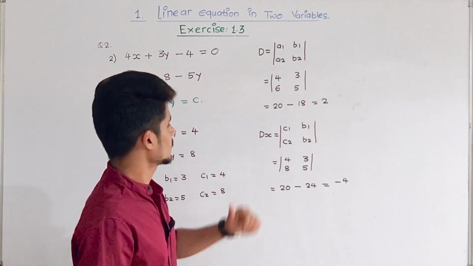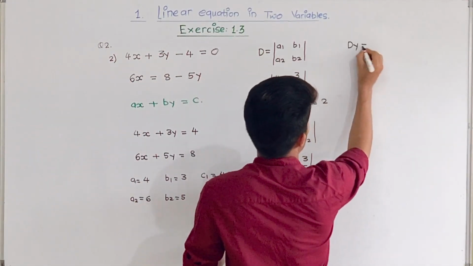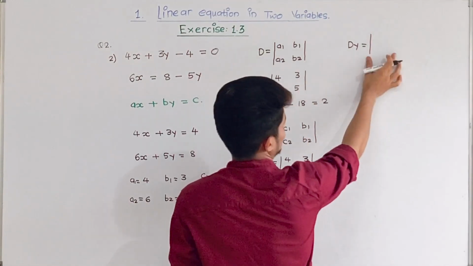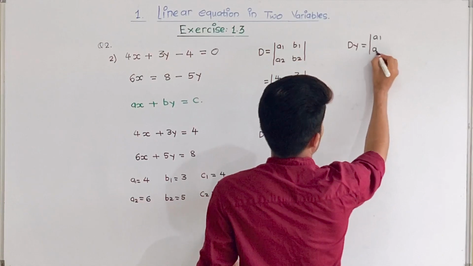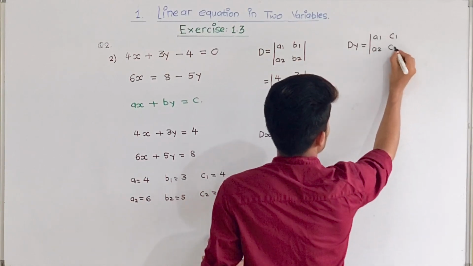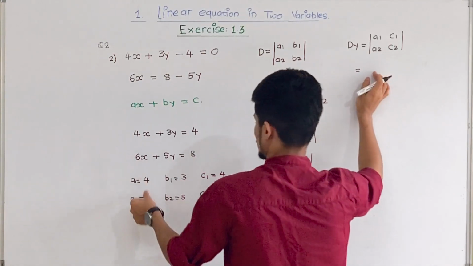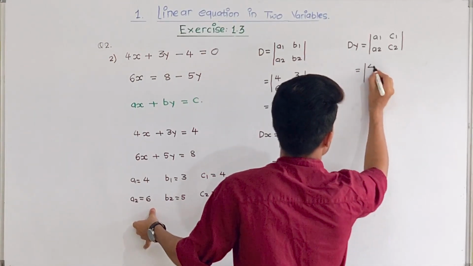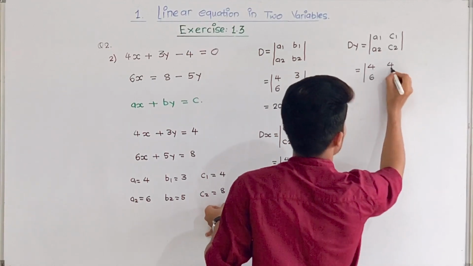Now we'll find the dy, that is determinant of y. So the values will be in the form of a1, a2, c1, c2. Substitute the value of a1, a2, 4, 6 and c1, c2 is 4, 8.